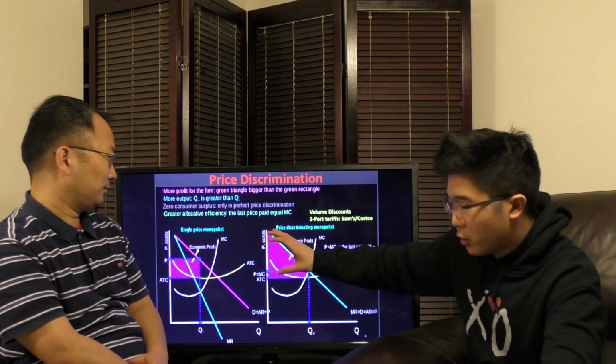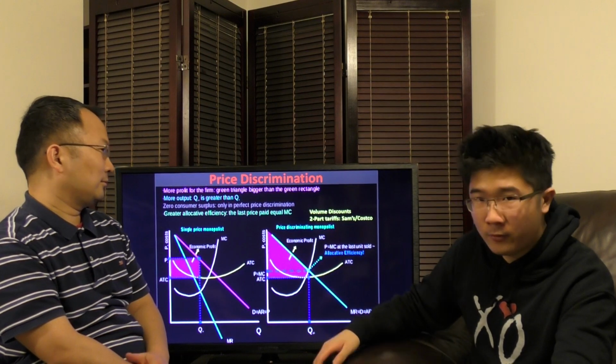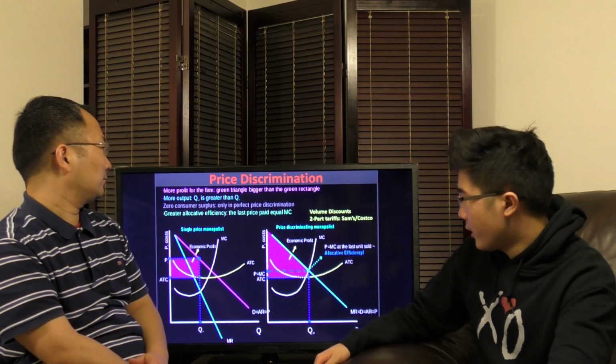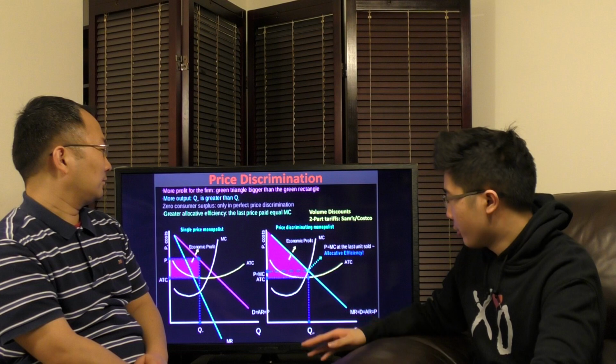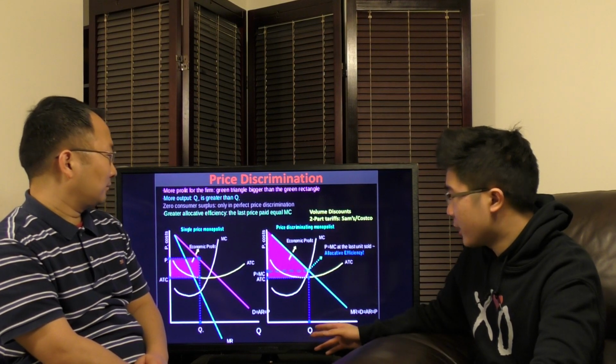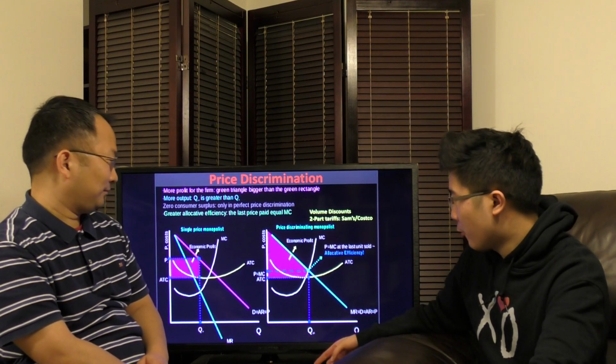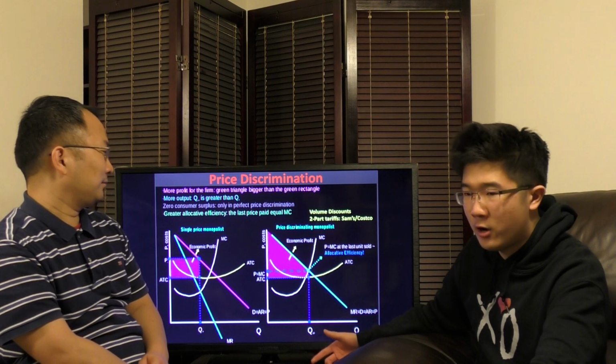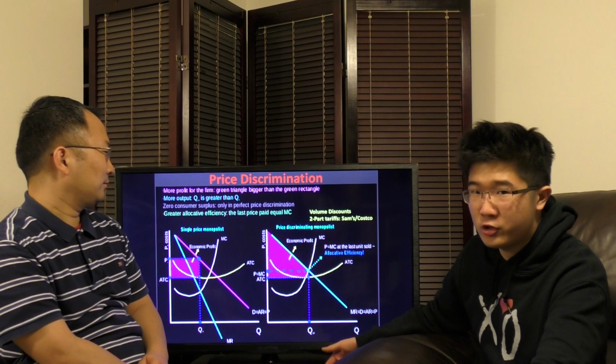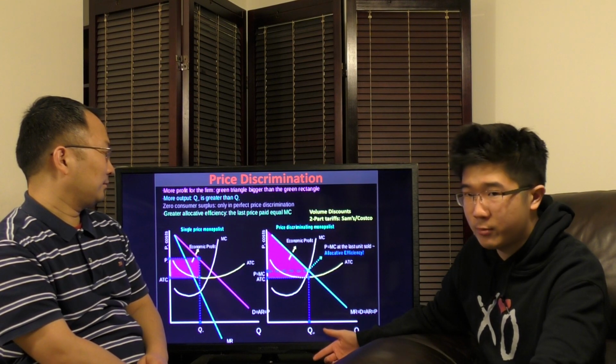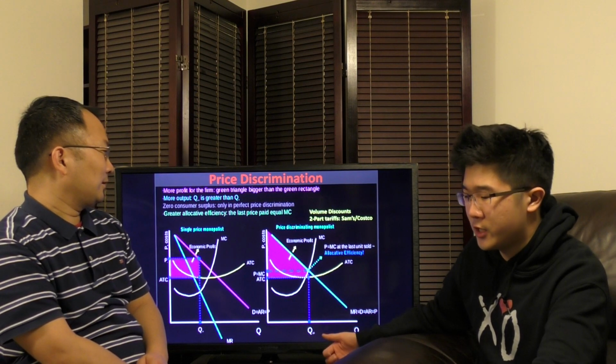But the benefit of that, relatively speaking, in the overall industry is that we produce at a higher point, at a socially optimal point, so we increase our efficiency, because now the monopoly firm produces like a perfectly competitive industry in terms of quantity produced. The price is different for each individual.